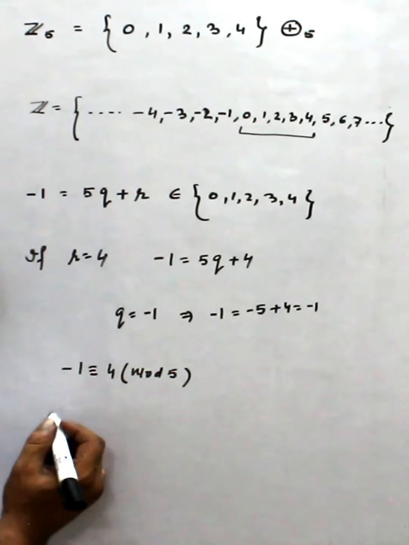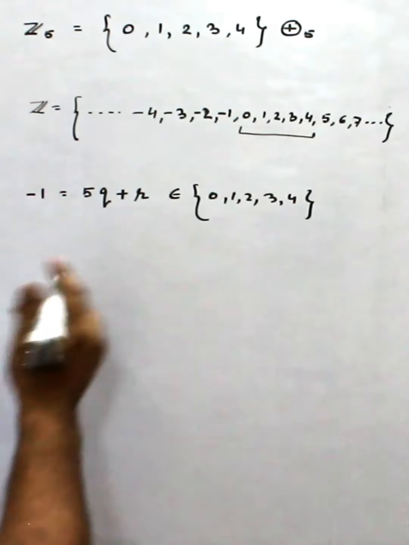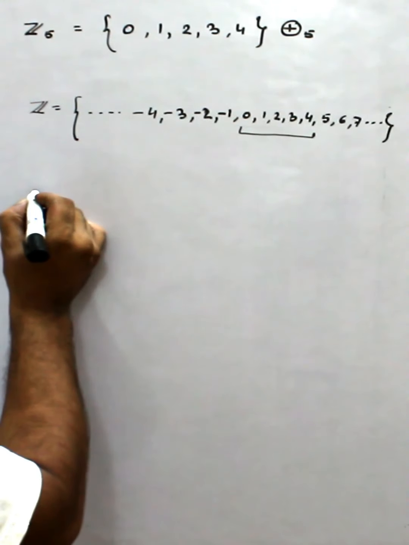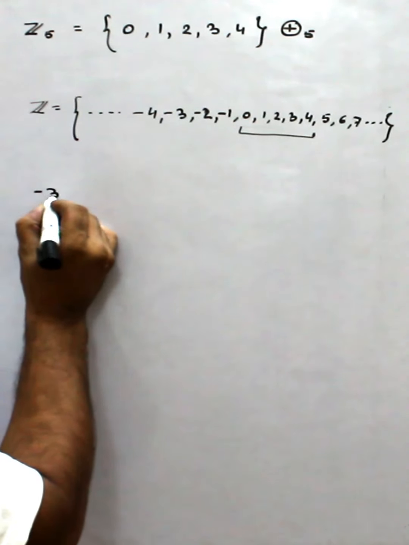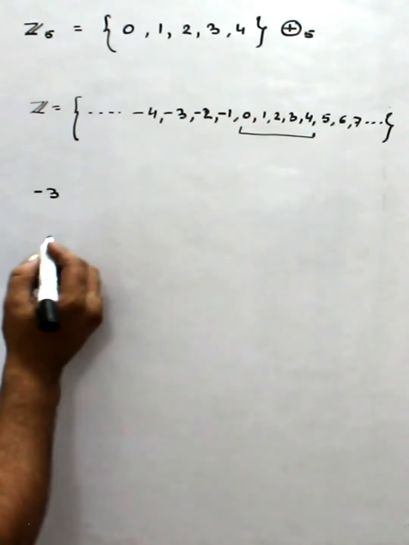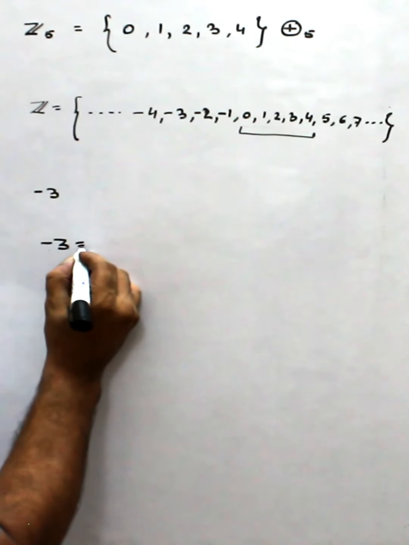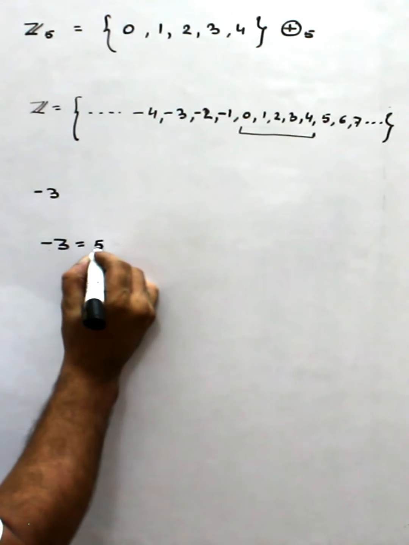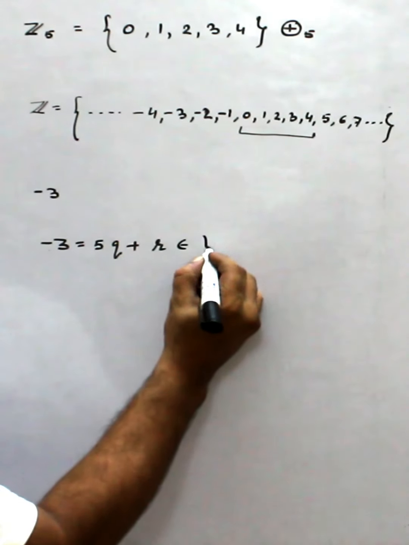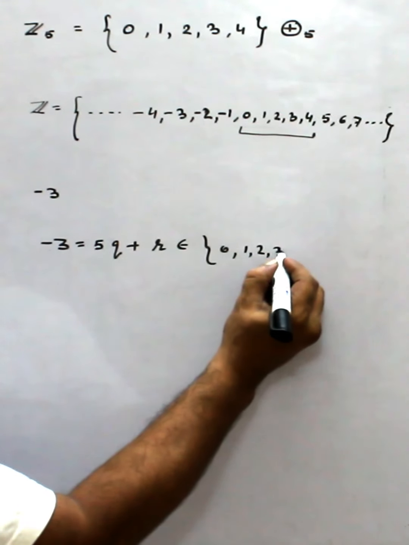Similarly, if I take -3, then with what number is this congruent? Simply I write -3 equal to 5q plus r, and for r we have only the choices 0, 1, 2, 3 and 4.